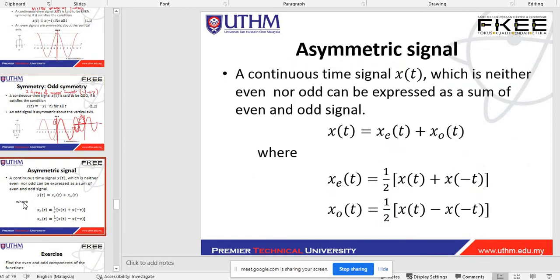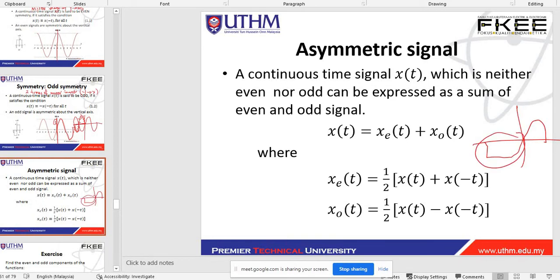So the third type is the asymmetric signal. Asymmetric signal means that the signal is neither even nor odd, and can be expressed as a sum of the even and odd signal. For example, I have a signal like this. A signal like this is neither even nor odd, because this side is not even.